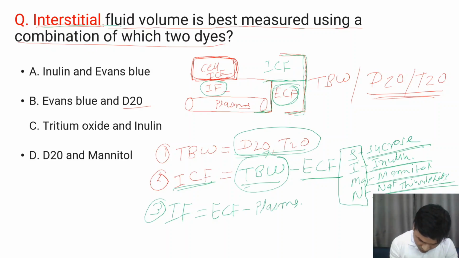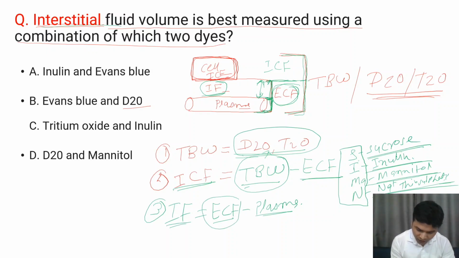This is the total extracellular fluid, and if you want this volume, you subtract the plasma. Extracellular fluid minus plasma, and you will easily get the interstitial fluid volume.